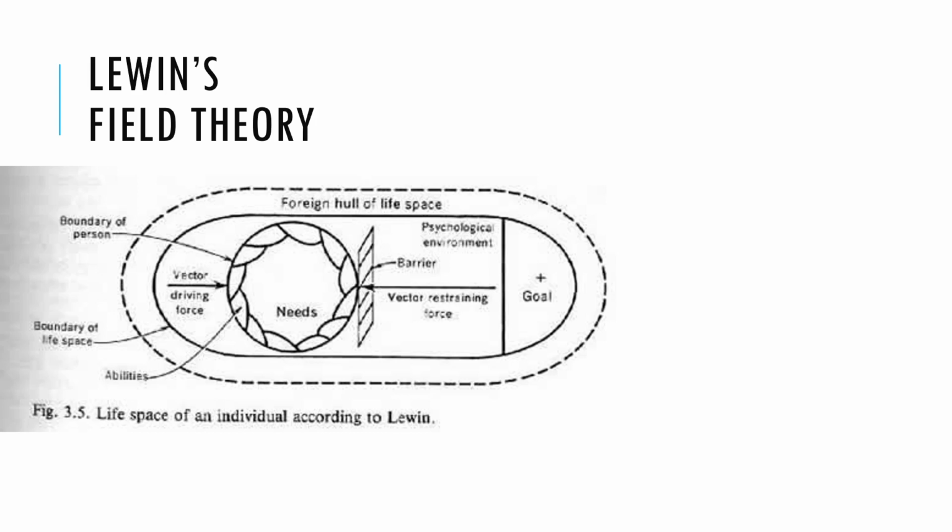And then on the far right, you see that there's a positive goal. One of the things that Lewin thought was really important is that we're always striving to achieve whatever our needs are. There's always a goal. So your psychological need might be to gain accolades or notoriety, like you want people to acknowledge that you were good at something, or maybe your need is for companionship, and so you need to seek out a friend.